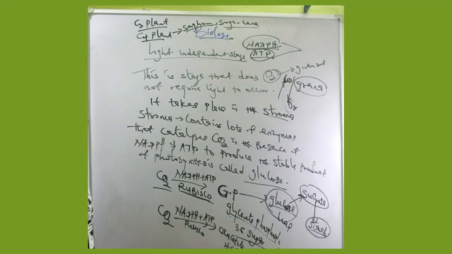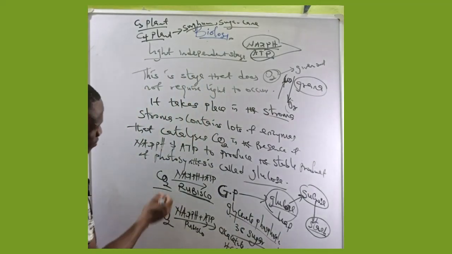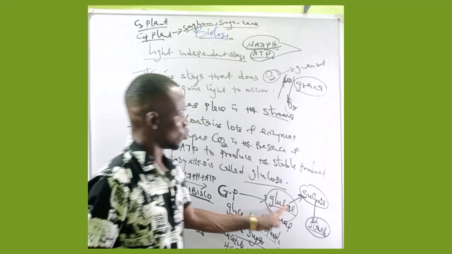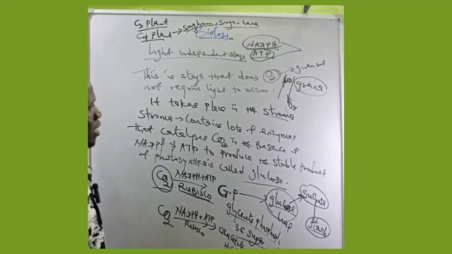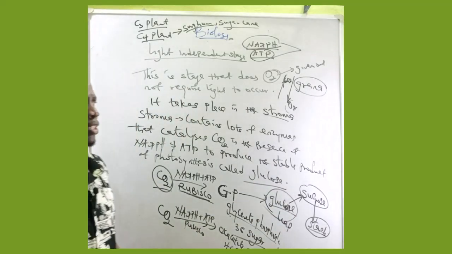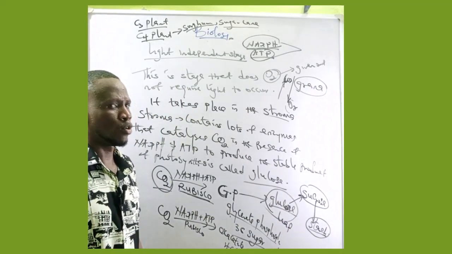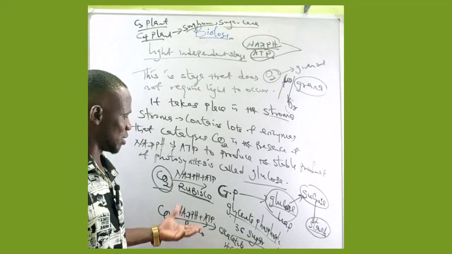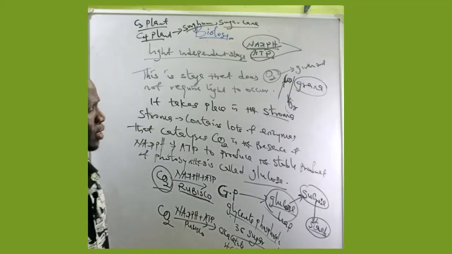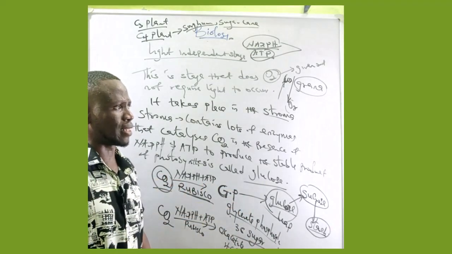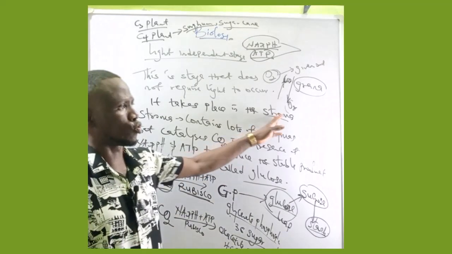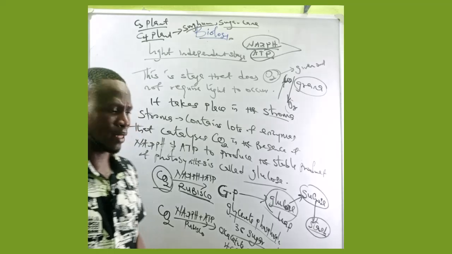The process by which the plant uses CO2 to produce glucose is the dark reaction stage, which is better called the light independent stage. It makes use of a lot of enzymes. It is an enzymatic reaction, a cascade of reactions that takes place at the stroma of the chloroplast.